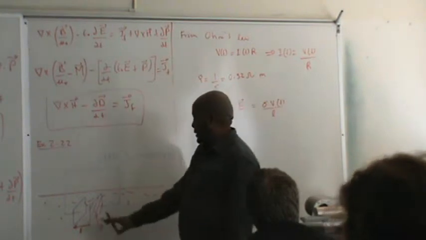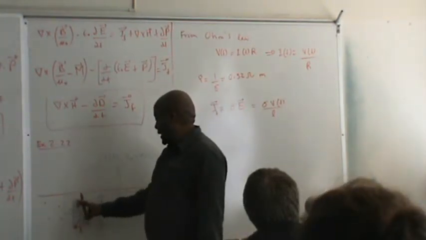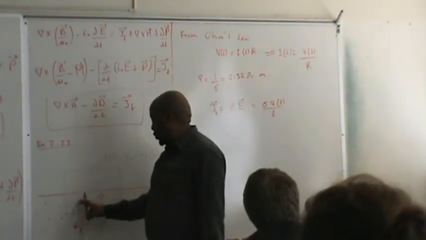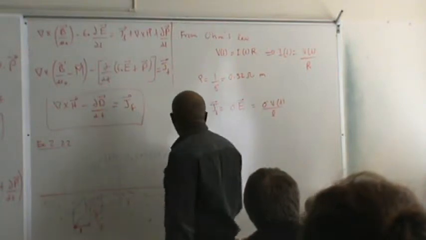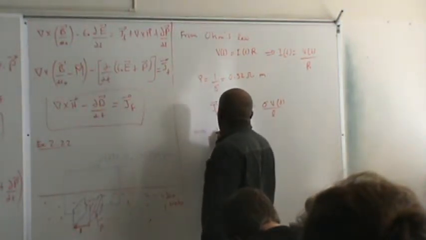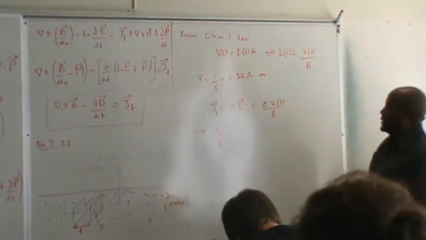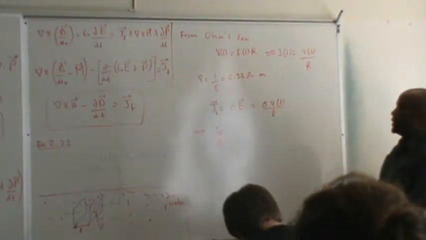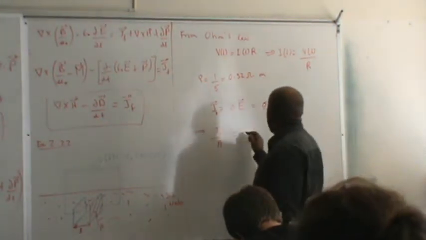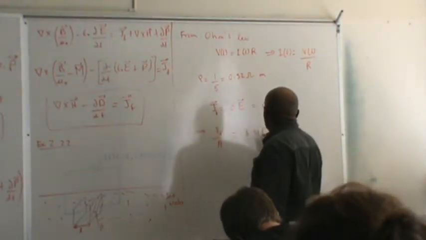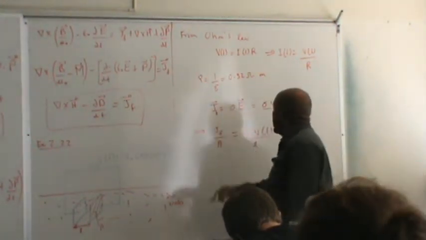The current density is just the current that's incident over this area. So if I write this one as I free over the area, that will give me the free current density. So that's going to be sigma V of t over L, right?